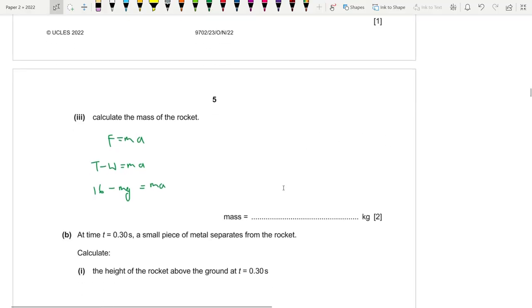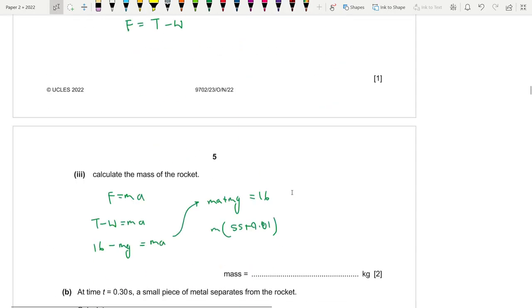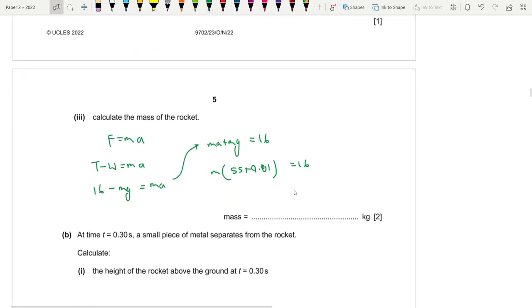So you can bring it on one side. ma plus mg is equal to 60, or m times 55 plus 9.81 is equal to 60. So m is basically equal to 60 divided by 55 plus 9.81. So m is equal to 0.25 to 2sf, 0.25 kg.